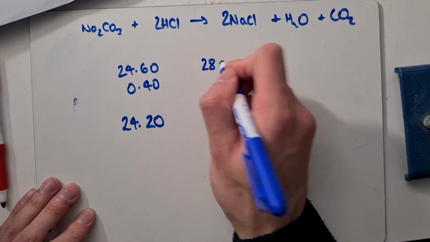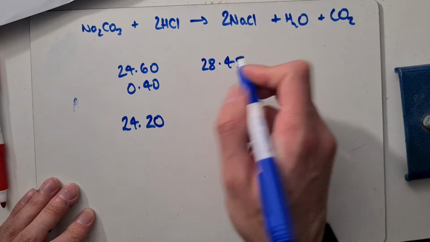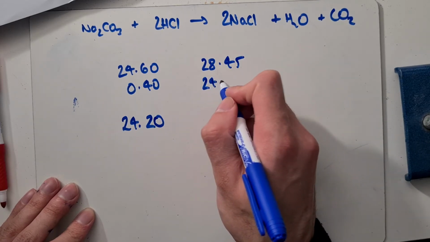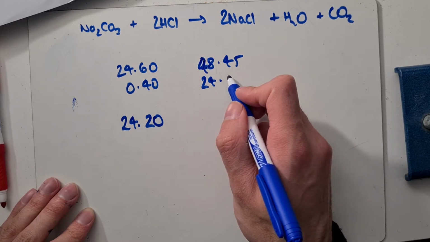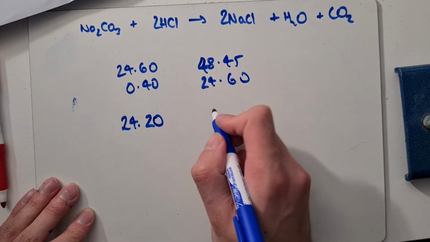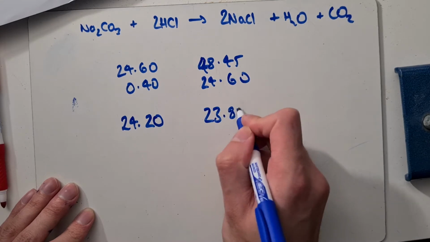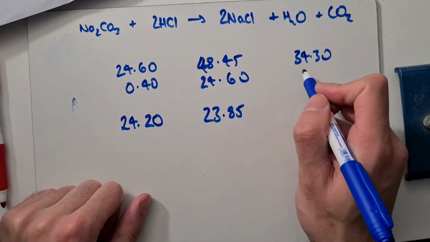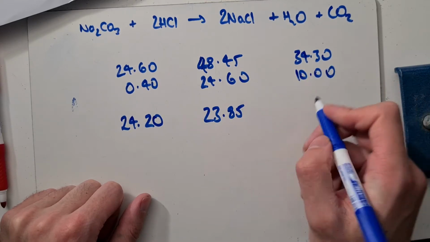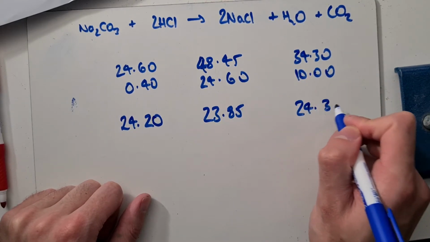In the next one, we've got 28.45 and 48.45 and 24.60, which will be 23.85, and then 34.30 and 10.00 gives you 24.30.